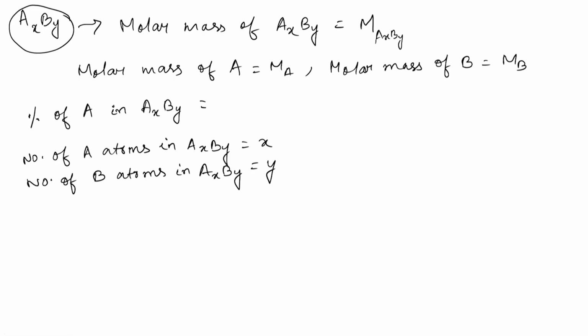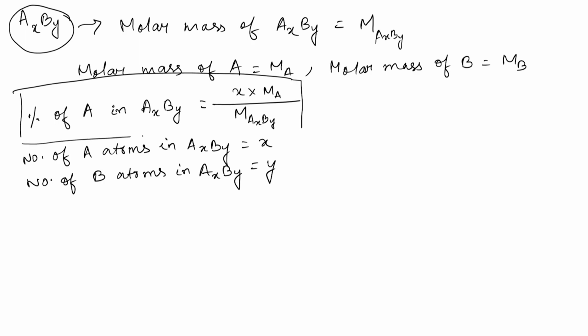So, percentage of A in AXBY is X, that is the number of A atoms, into the molar mass of A, that is MA, divided by the total mass of the compound, that is the molar mass of the compound, M(AXBY).